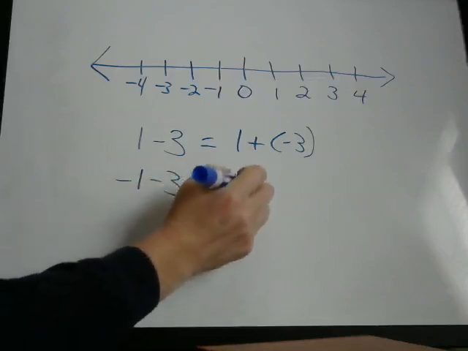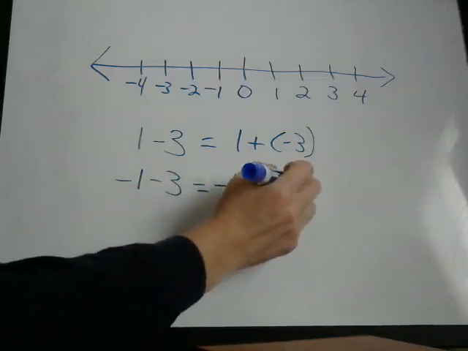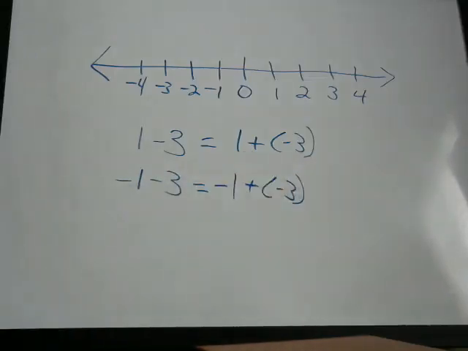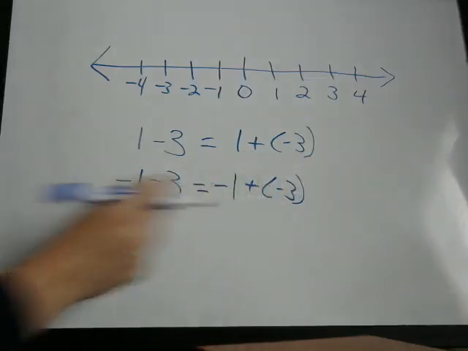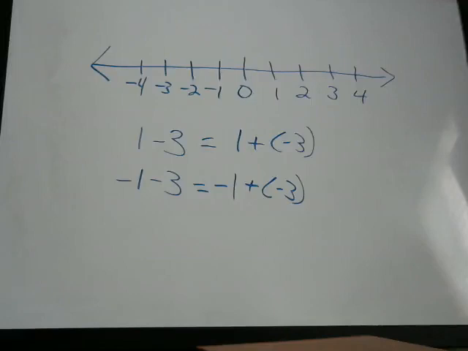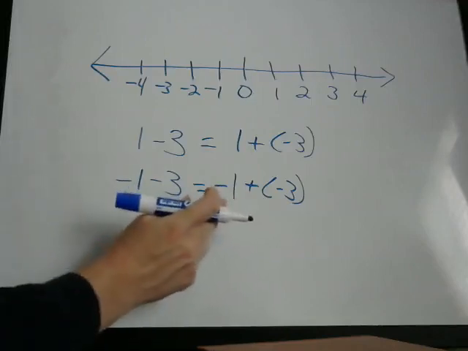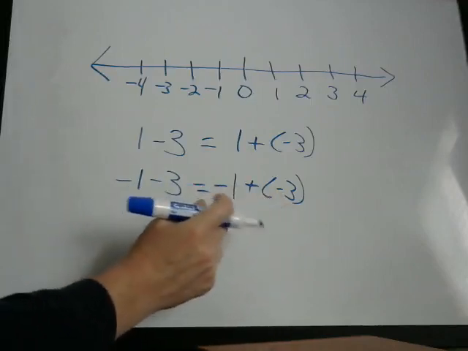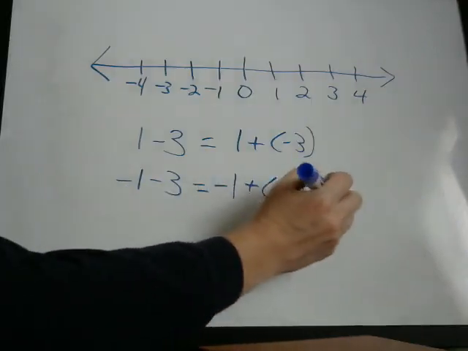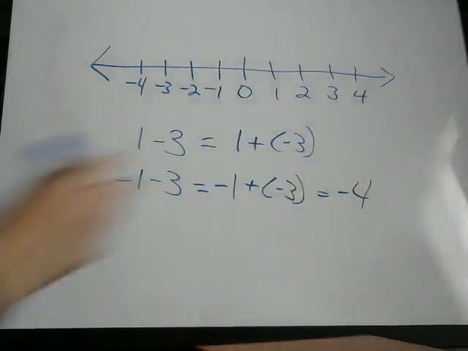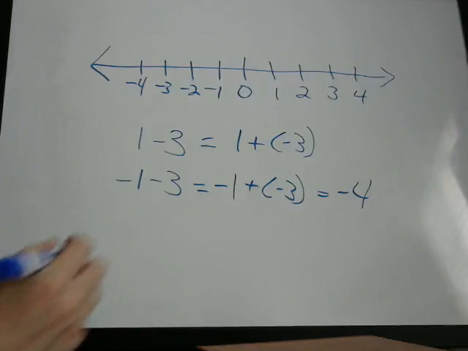You can think of negative 1 plus negative 3. When you're adding two negative numbers, you just add them up and put a negative sign in front of it. So it's just 1 plus 3 is 4, but you're going to put a negative sign in front of it.